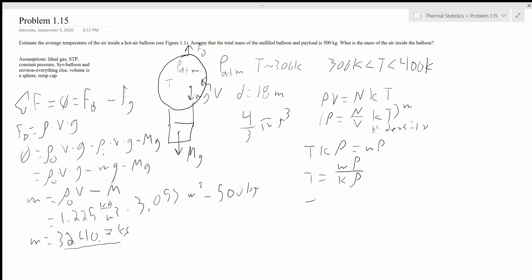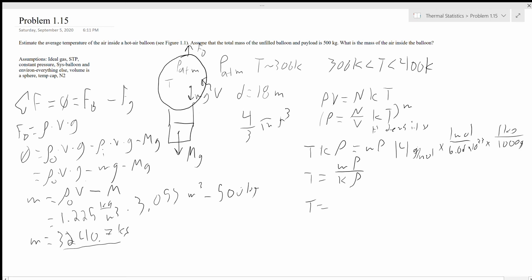So the temperature is equal to this mass, but I don't know what this mass is, because that's the mass of the individual gas particles. So I'm going to assume that the gas is made mostly of just N2, so nitrogen. So that would be 14 grams per mole times 1 mole over 6.02 times 10 to the 23rd times 1 kilogram divided by 1,000 grams.